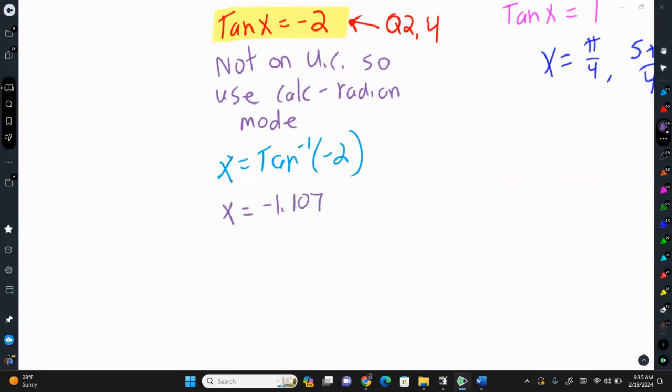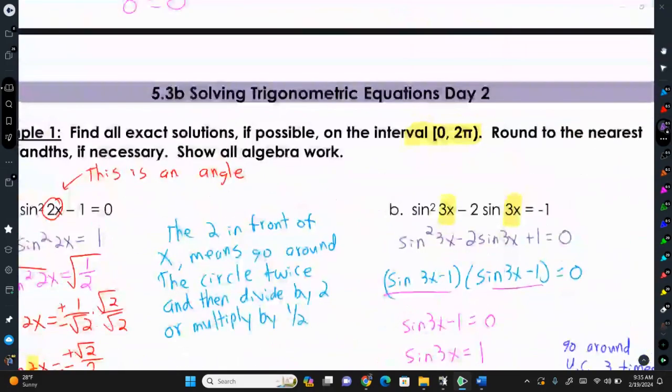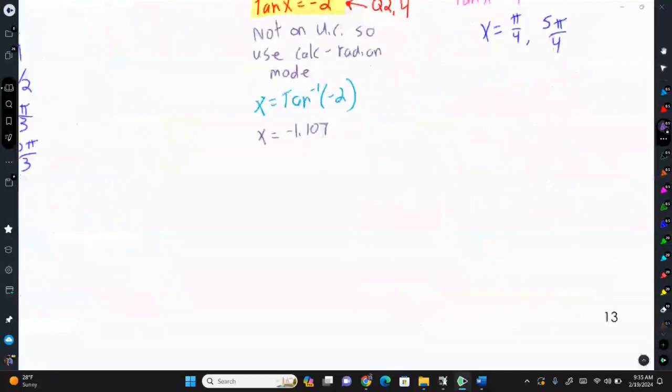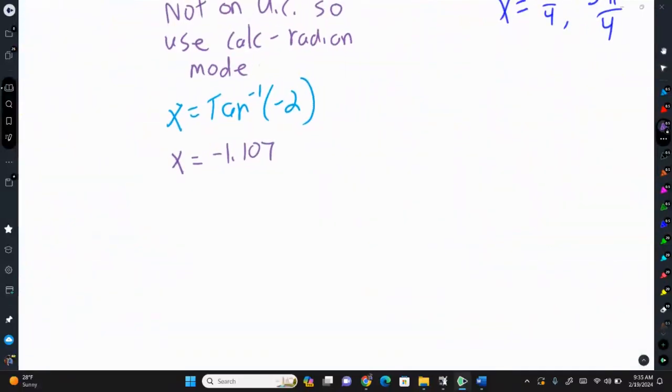So we want positive angles, because that's what our restrictions say up here, between 0 and 2 pi. So we need to put this in the correct quadrants. And it probably would be easier to look at a picture. So negative 1.107 would be down here.